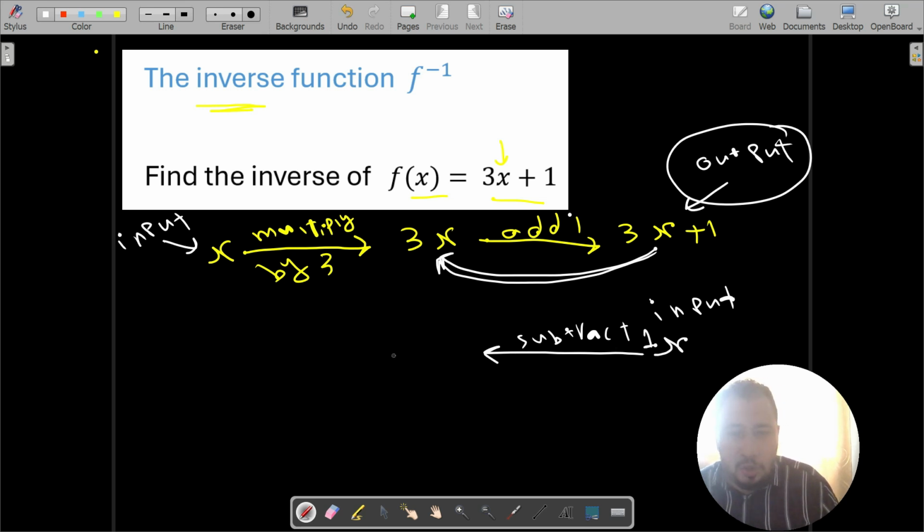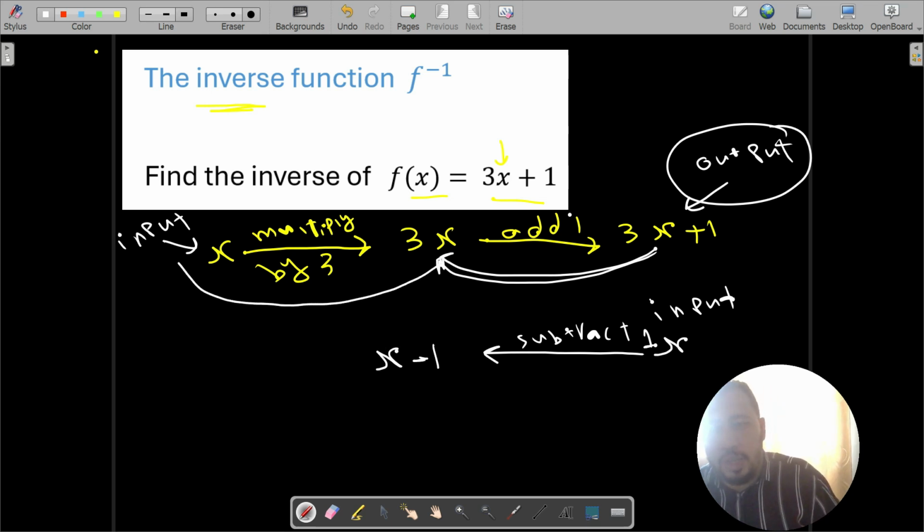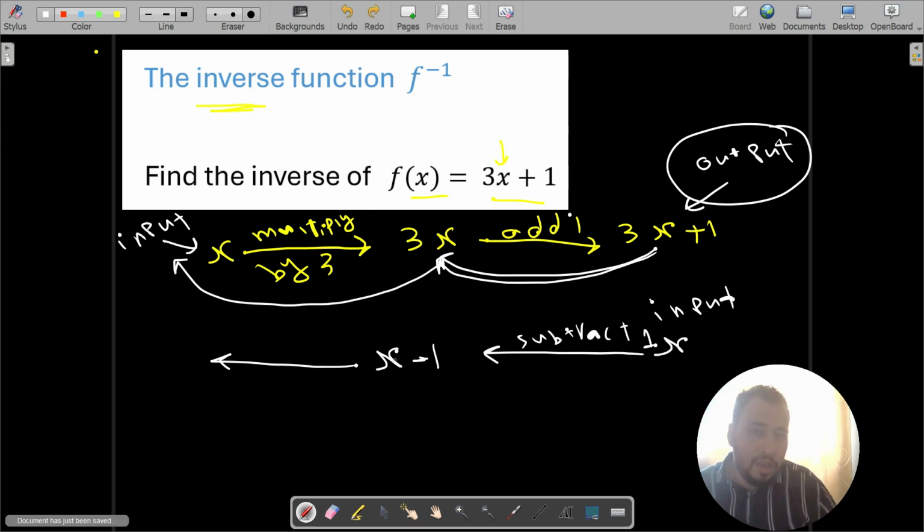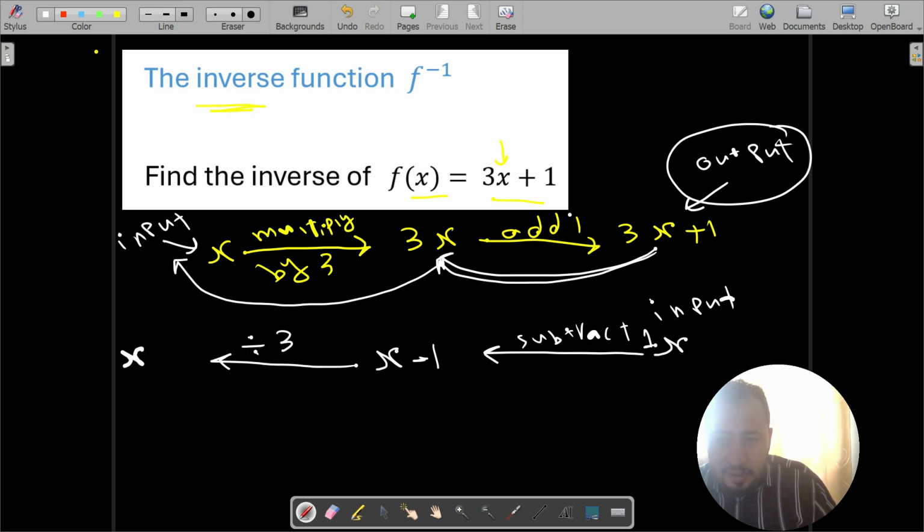Okay, and it's going to be x minus 1. Let's do the same thing here when we go backwards. x minus 1, here it's multiplied by 3. What is the opposite of multiply by 3? It's what? Divide by 3. So in this case, it's going to be x minus 1 over 3.